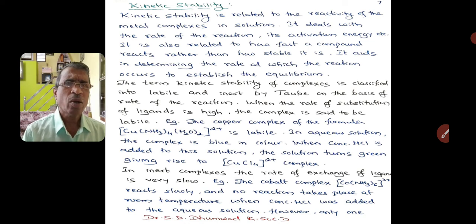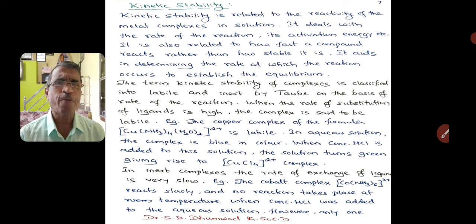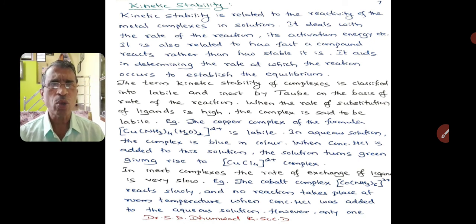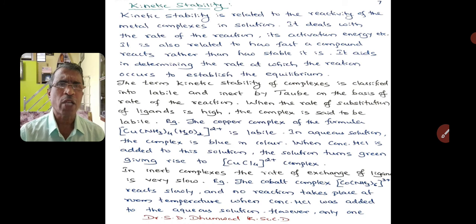Example: the copper complex, the cuprammonium, tetraamminediaquacopper(II) complex, is labile. That means it is more reactive. In aqueous solution, the complex is blue in color. When concentrated HCl is added to this solution, the solution turns green, giving rise to the CuCl4 2- complex. So it is the tetrachlorocuprate(II) complex.